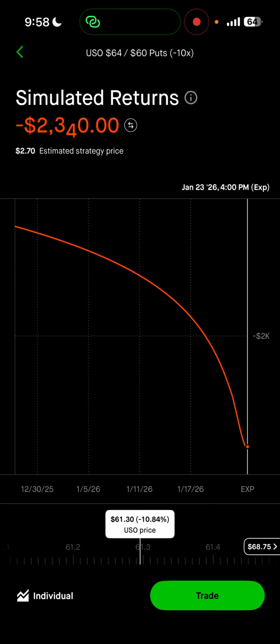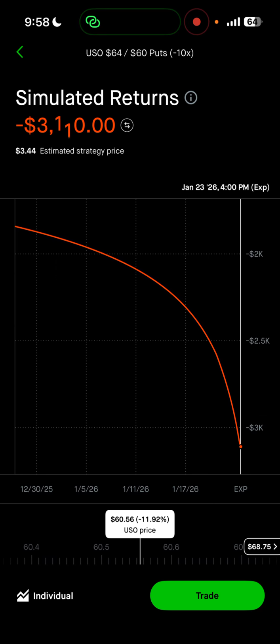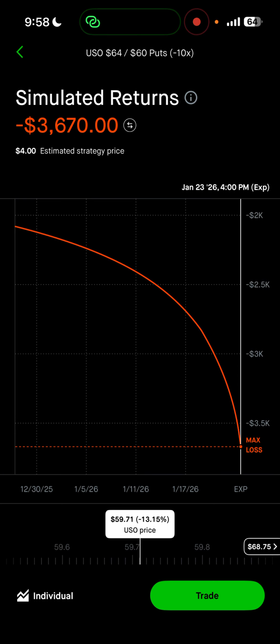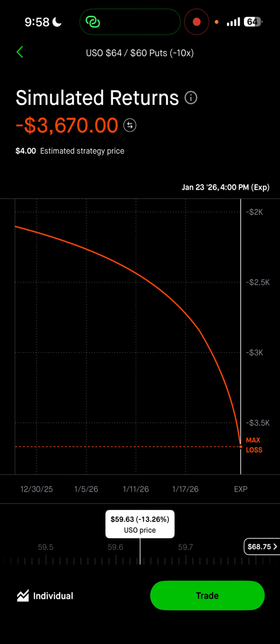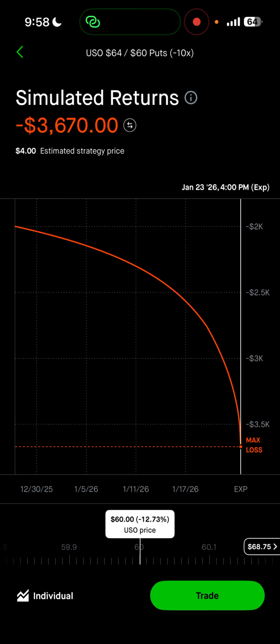Let's say we go down to around 60. Max loss on this trade is $3,670. The current collateral or capital at risk is $4,000. We have a credit that came to us upon initiation of the trade for $330. So 4,000 minus 330 gives us a max loss of $3,670.